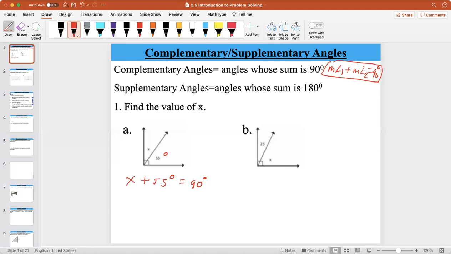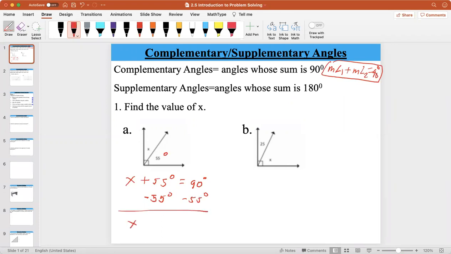In order to find x, we have to solve this equation. x plus 55 equals 90 degrees. Okay. So solving for x, we have to subtract both sides by 55. All right, so we subtract both sides by 55 degrees in order to find our x.